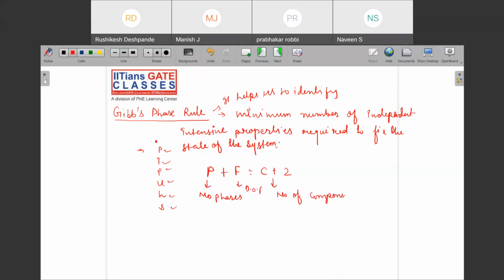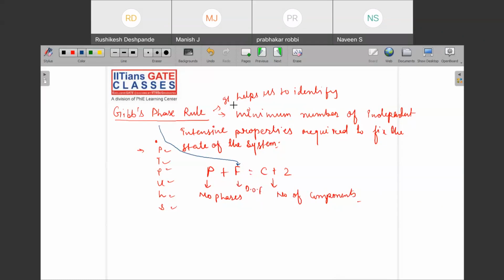Okay. So can we see that Gibbs phase rule helps you to identify the degrees of freedom of any given state, and when you know the degrees of freedom, you will be able to identify how many minimum number of independent intensive properties you need to specify so that your state is completely defined.